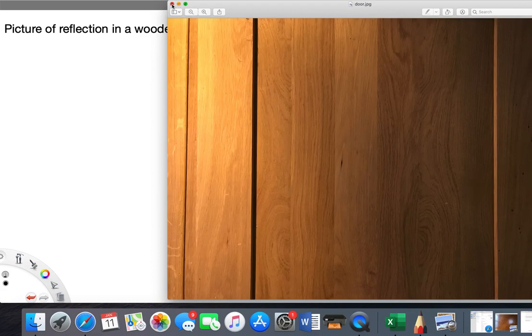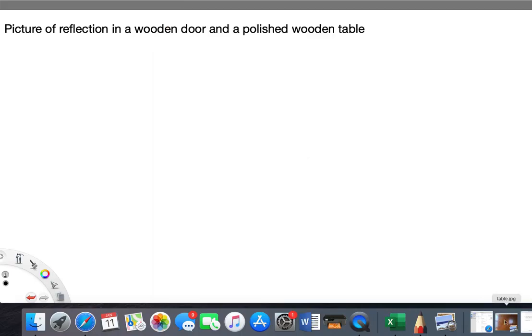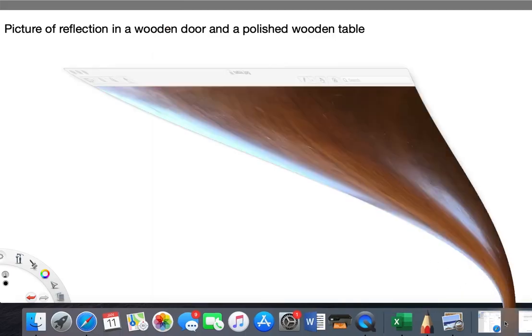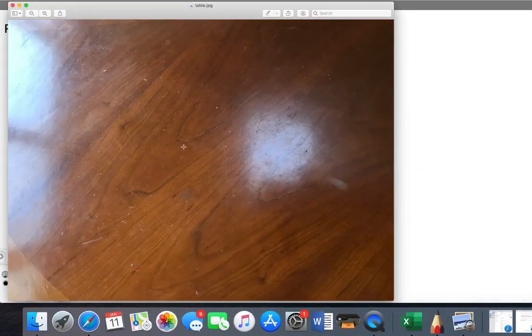If we look at a kind of halfway house between the two, if we look at a polished surface, polished but not particularly clean perhaps, again this is wood of course, but because it is a polished surface, we begin to see something sort of halfway between the specular and the very diffuse.